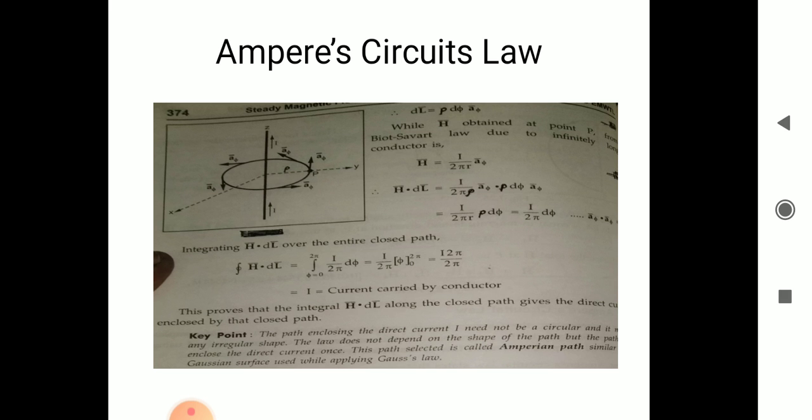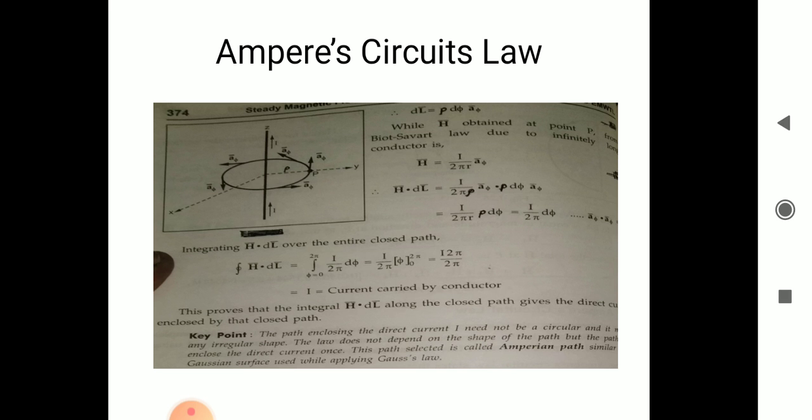Therefore, integral H bar dot dl bar is equal to integral with phi limits from 0 to 2 pi of I by 2 pi d phi, which is equal to I by 2 pi times phi. Substituting the limits 0 to 2 pi, we get I times 2 pi by 2 pi. Here 2 pi gets cancelled. We get I, that is the current carried by the conductor.